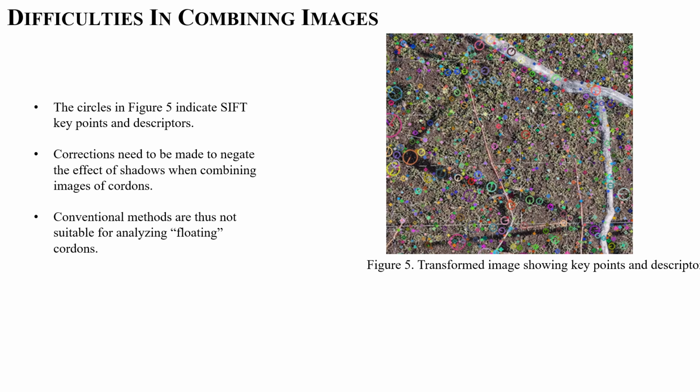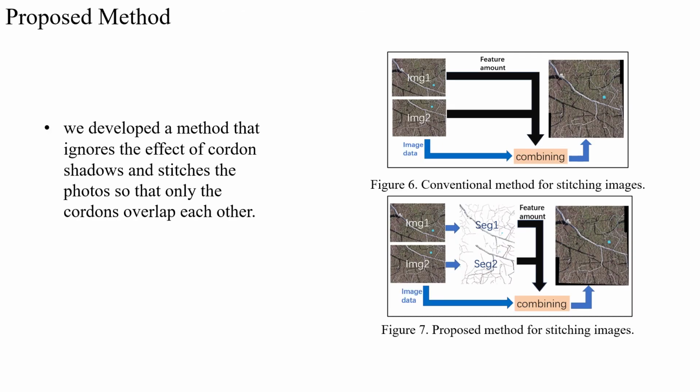Consequently, conventional methods are not suitable for analyzing floating cordons. When cordons and their shadows overlap each other during the image stitching process, distortion is exacerbated. To address this issue, we've developed a method that disregards the effect of cordon shadows, stitching the photos together in a way that only the cordons overlap each other.